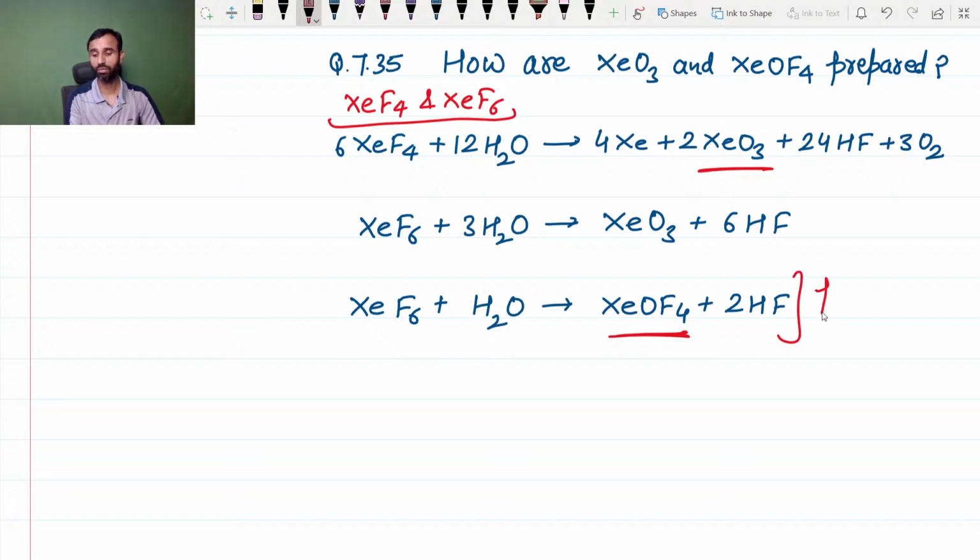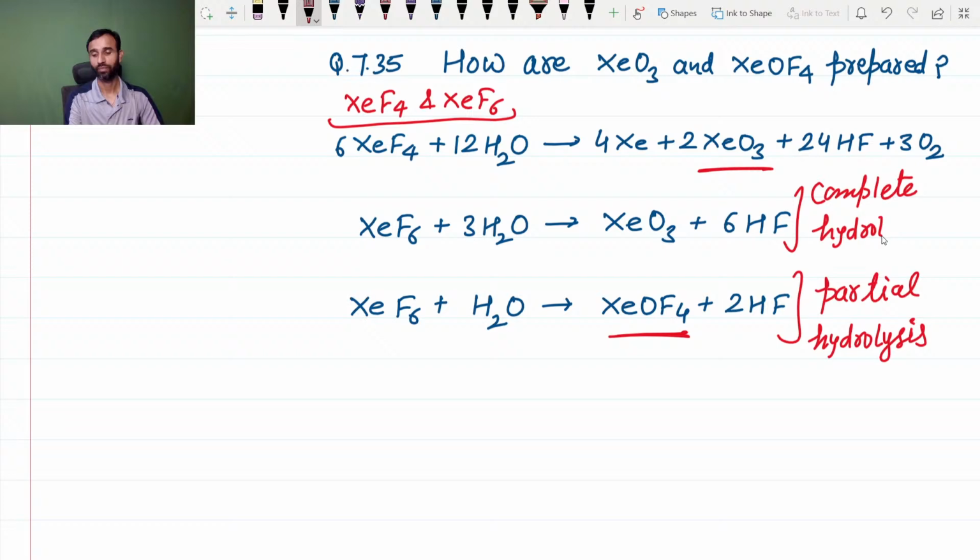See, this is partial hydrolysis, and this one is complete hydrolysis.